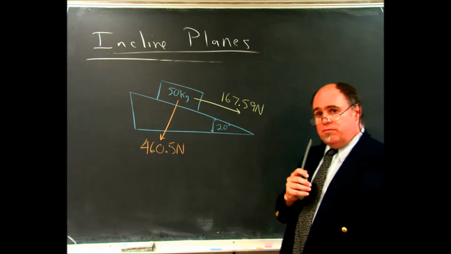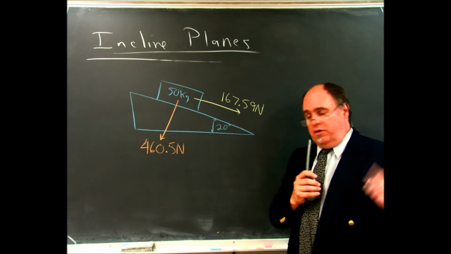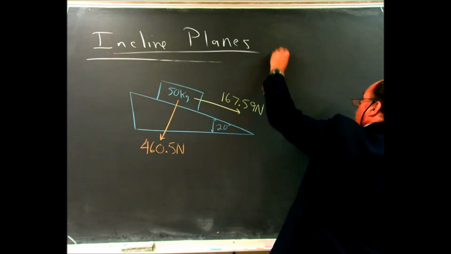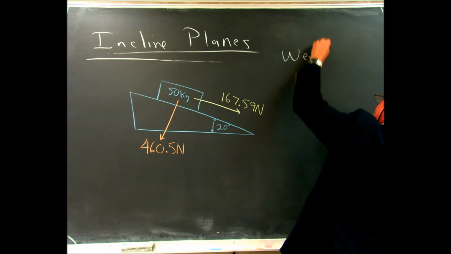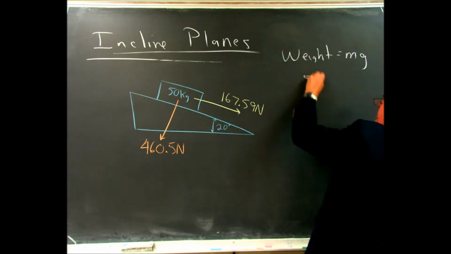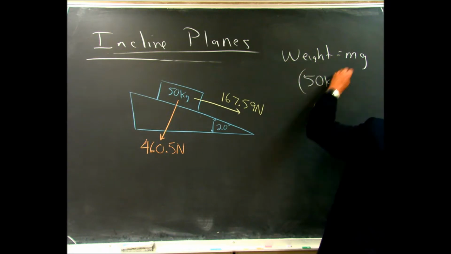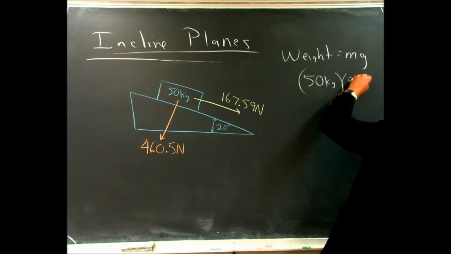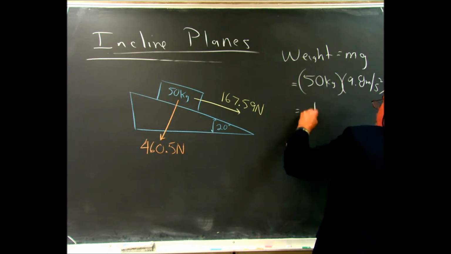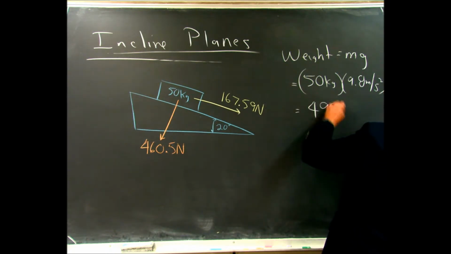So this is usually a surprising statement that a lot of students say, whoa, wait a minute. So for instance, what I'm saying to you is the weight of that box is just mass times gravity. So if I plug it in, 50 kilograms times 9.8 meters per second squared, that equals 490 newtons.